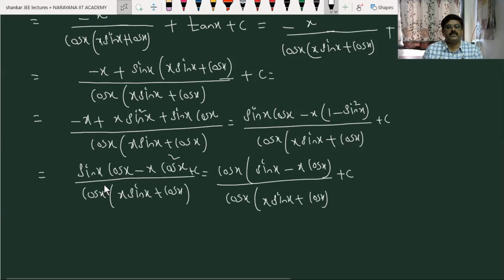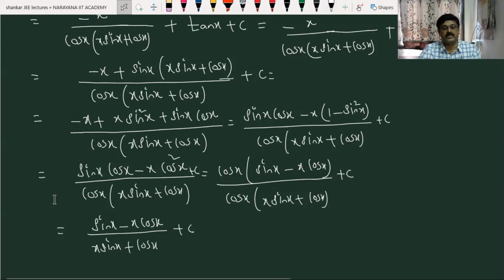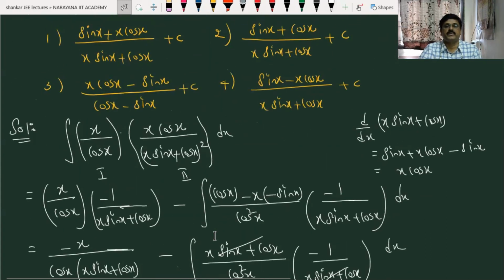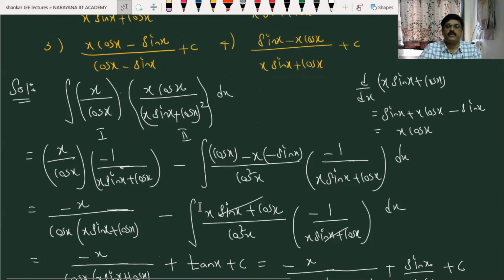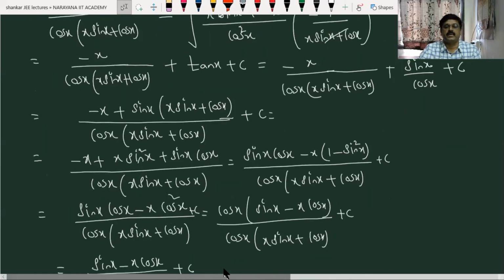So after cancelling this, final answer is sin x minus x cos x upon x sin x plus cos x plus c. So which option? Sin x minus x cos x by x sin x plus cos x plus c. So answer option 4 is the correct, students.